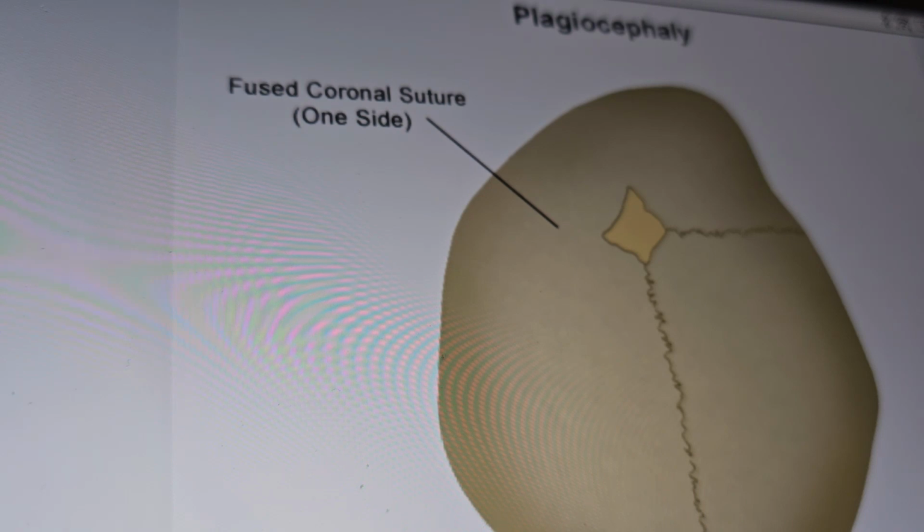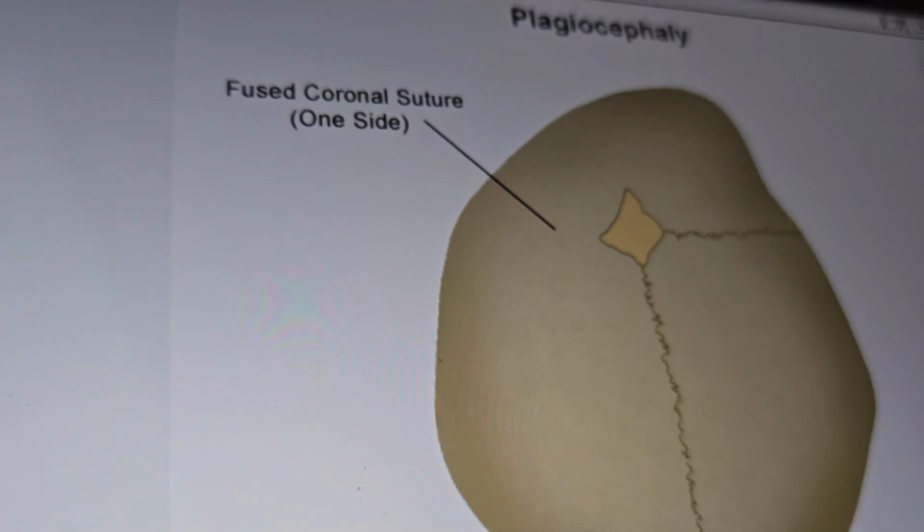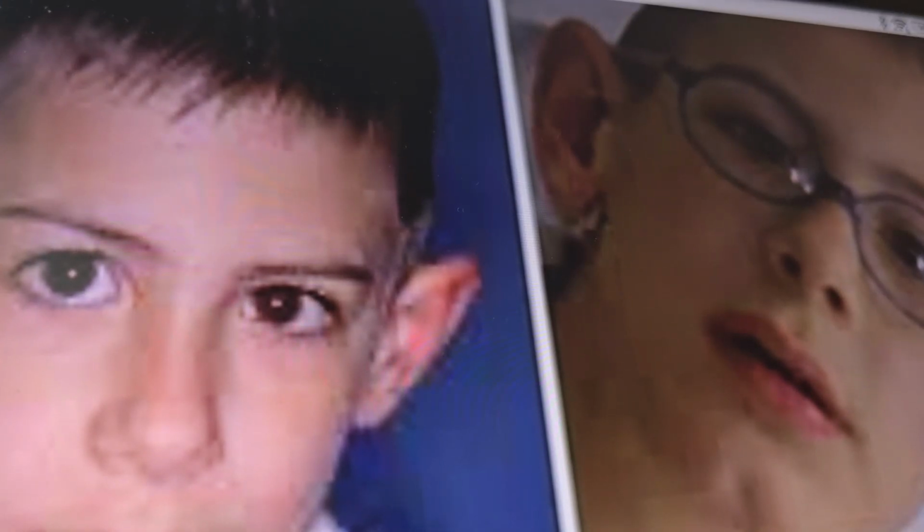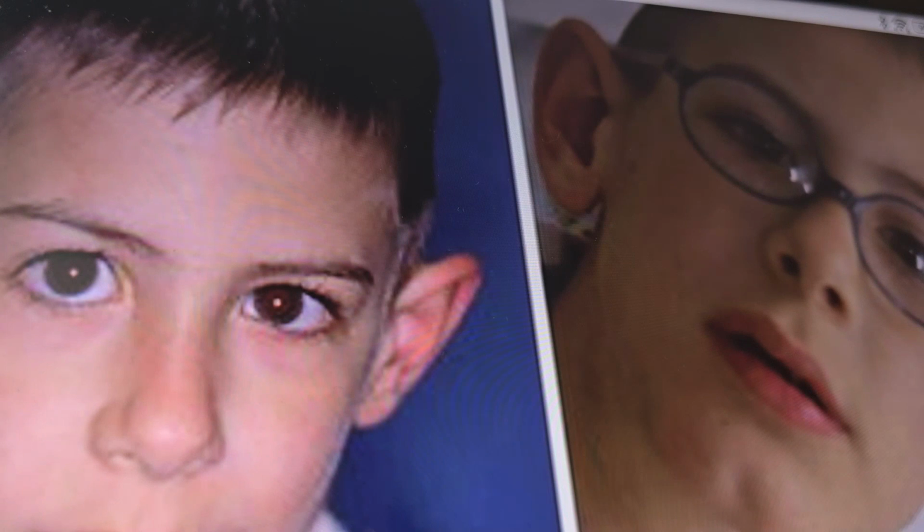So these are the findings in anterior plagiocephaly.